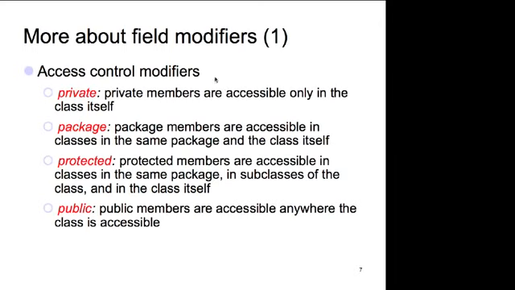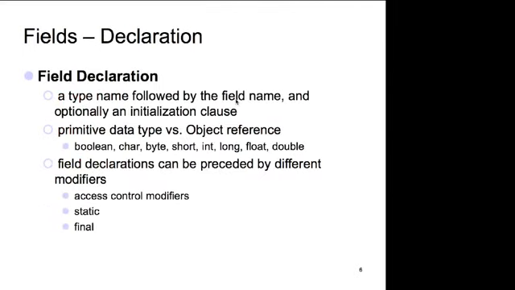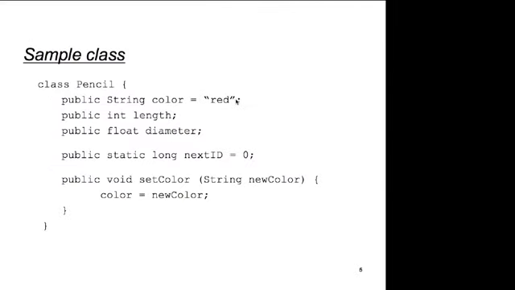Private members are accessible only in the class itself, which means if we've declared some variables, and in our previous example, we declared some variables as color, length, diameter, this is what I'm talking about. We actually made them public. We probably could have made them private, and that would have meant inside of the pencil class, we can manipulate that, we can change the values, but we can't do it outside.